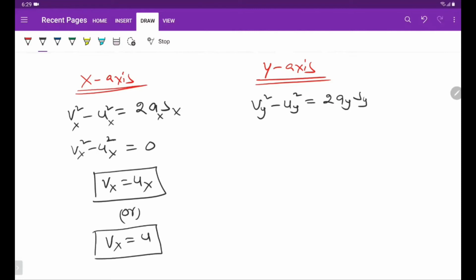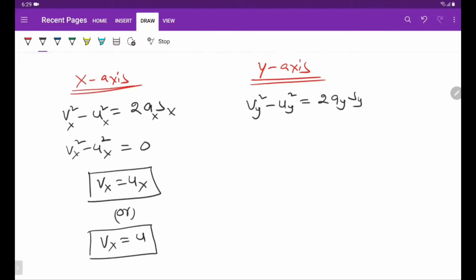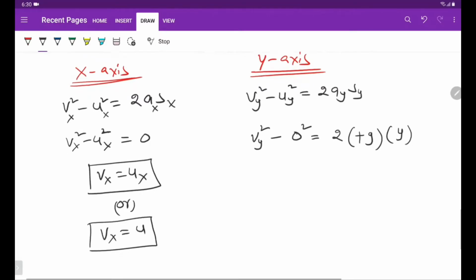At any time, the x component remains constant, but when you come to the y component, vy square minus uy square, uy is 0. Initially, there is no vertical component. Ay is plus g, because downward we are taking, and displacement y is always positive in the down direction.